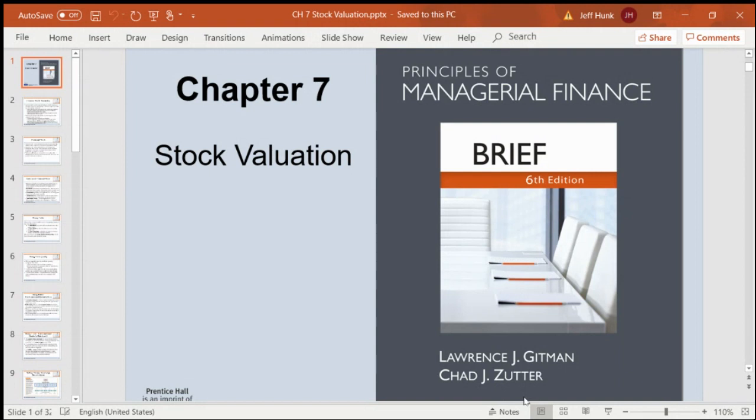So we're going to start with stock valuation from today's lecture. But once stock valuation models are completely covered, then we're going to return to the risk topics again. Okay?